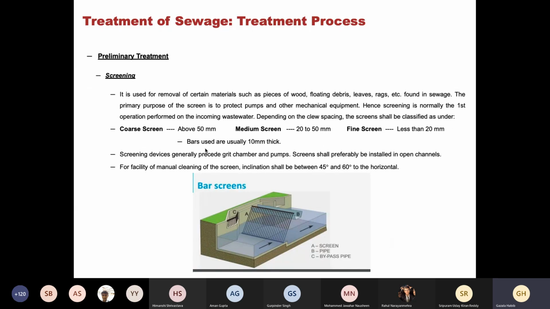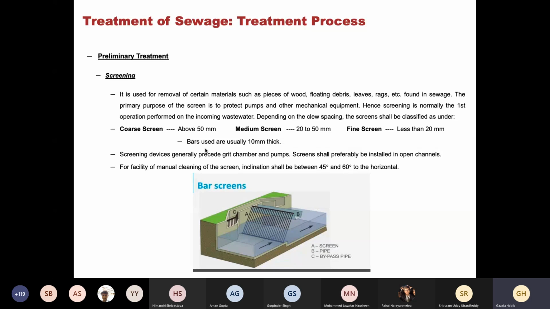Here the screen is shown, and how it is placed. Depending upon the opening, it could be a coarse screen, medium screen, fine screen, etc. The openings are given as 50 mm, 20 to 50 mm, and less than 20 mm.